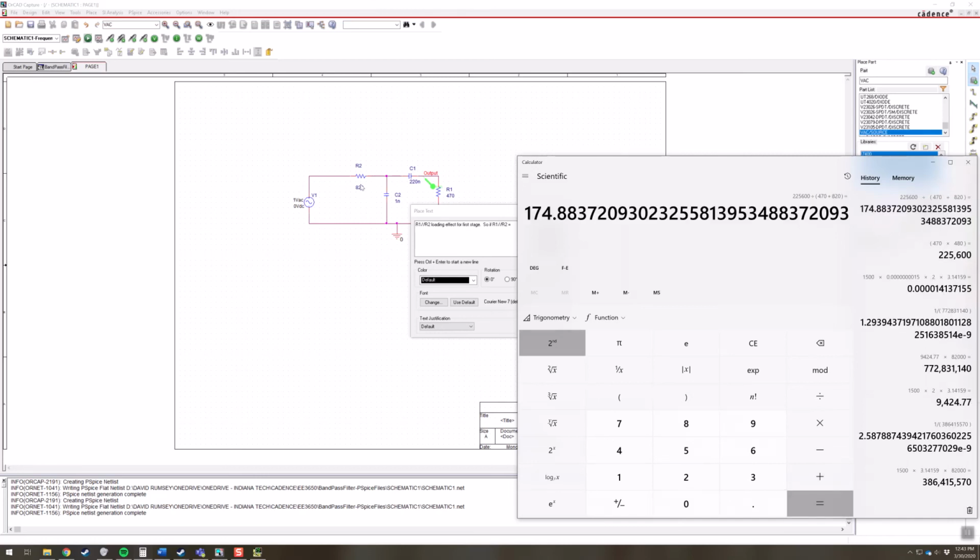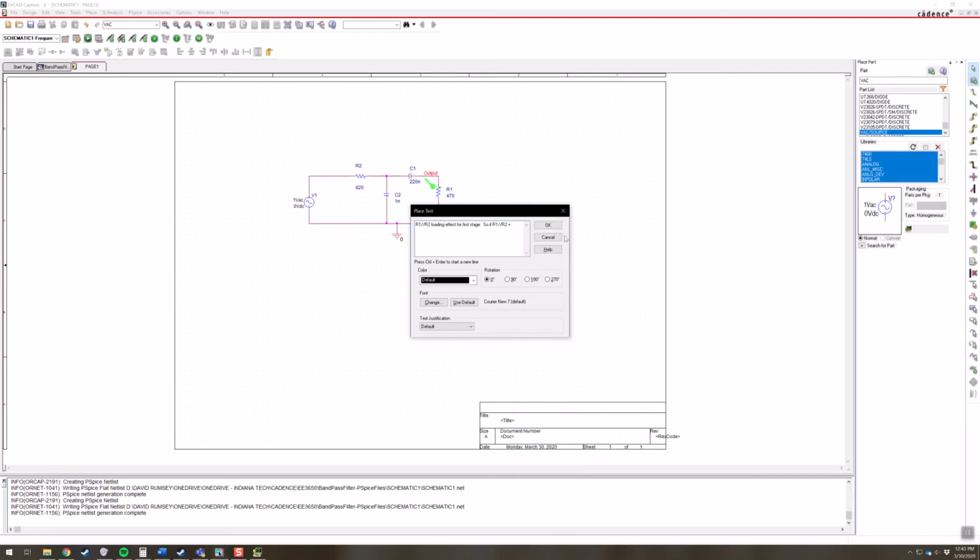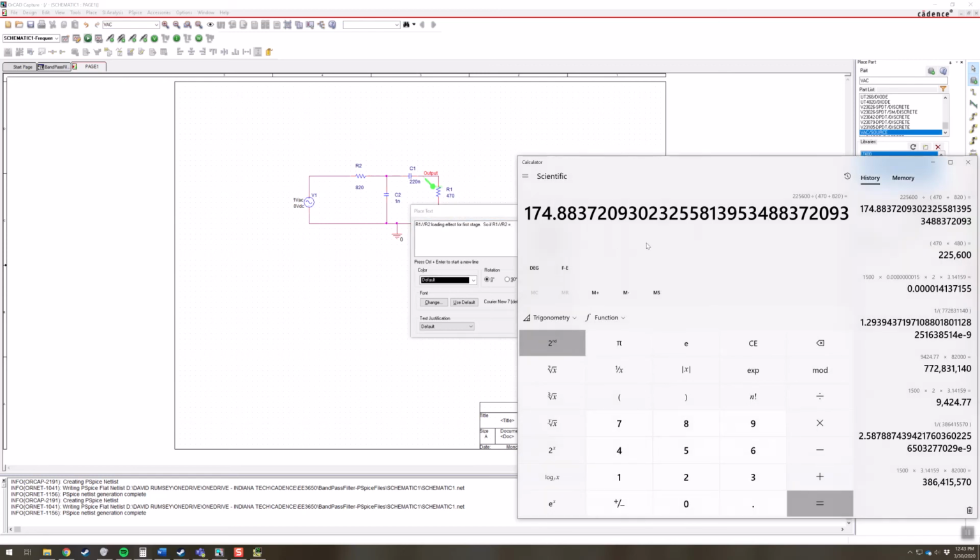Instead of having that 820 ohm resistor like we say we need there, we really wind up with about a 175 ohm resistor because of the loading effects, which is what's causing all of our gains to be reduced. And it's the same thing for the second stage, the high frequency stage.